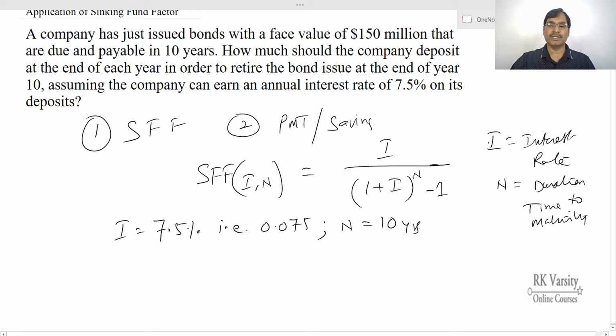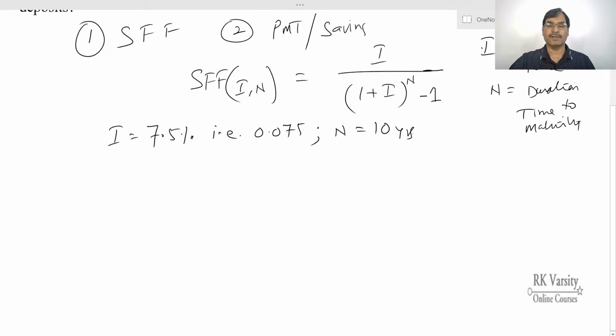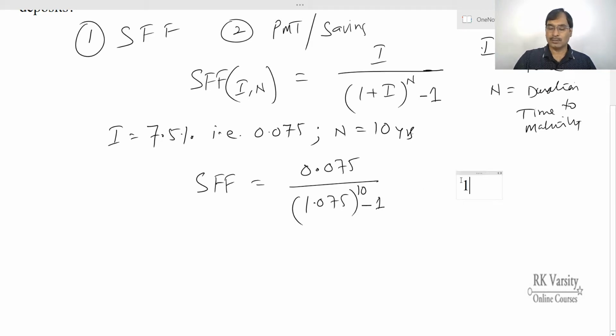Using these two values, first we calculate the sinking fund factor. So the sinking fund factor equals 0.075 upon 1.075 raised to the power of 10, minus 1. 1.075 raised to the power of 10 is 2.061, then 2.061 minus 1 is 1.061.